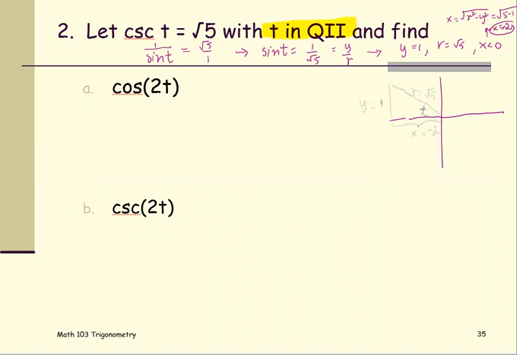Since the sine of t equals 1 over square root 5, which is opposite over hypotenuse or y over r, then the cosine of t, which is adjacent over hypotenuse or x over r, will be negative 2 over square root 5.